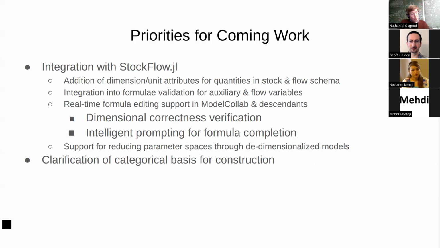But my naive thought, and I think some of this came from Mehdi's comments, too, but I've talked with Uchi about it, and she had noted it, is that we might be able to, in a stock and flow schema, have attributes, and attributes can be CATLAB expressions.